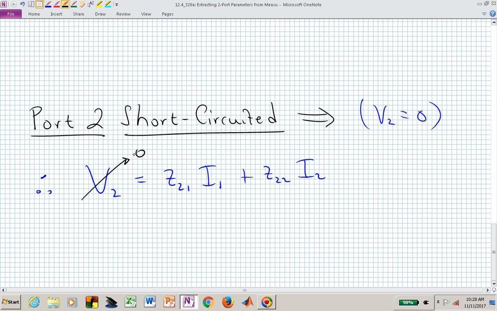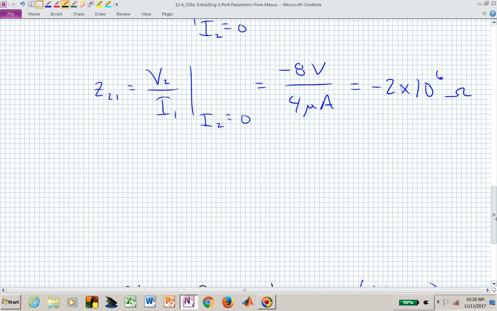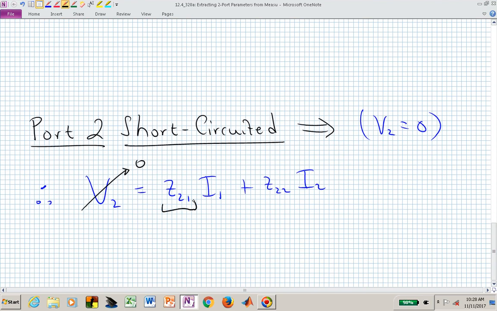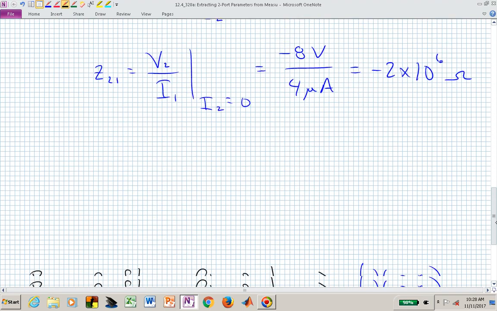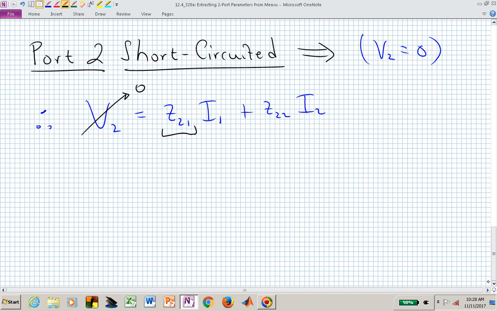We've shorted that second port. V sub 2 is 0. We just solved for Z21. We have that, and we've measured I1 and I2 in this short-circuited condition. So that now allows us to solve for Z sub 22. Z sub 22 is now equal to minus Z21 I1 over I sub 2.